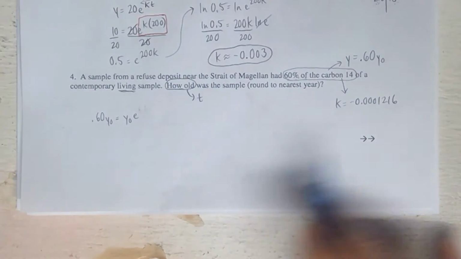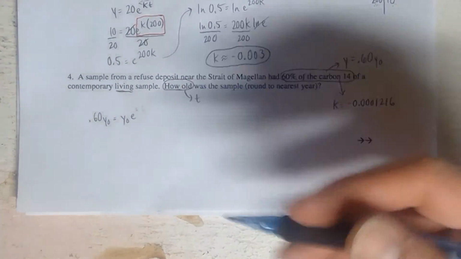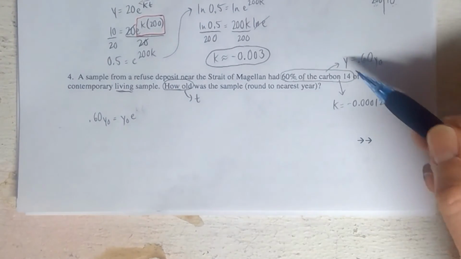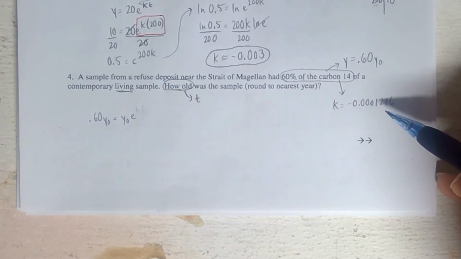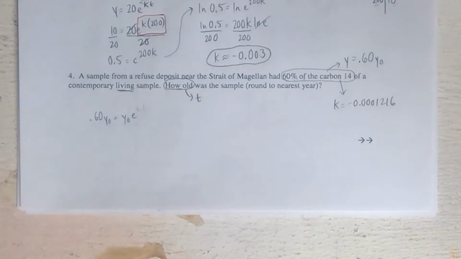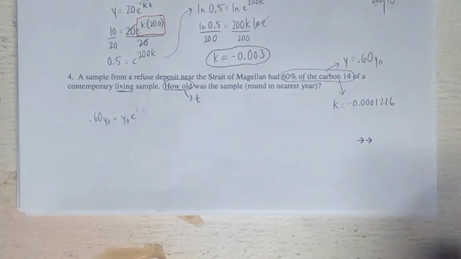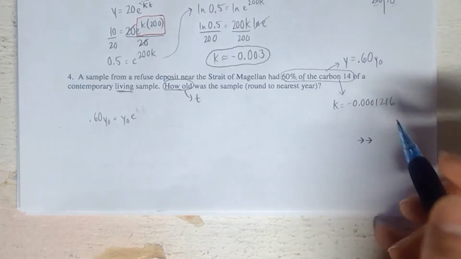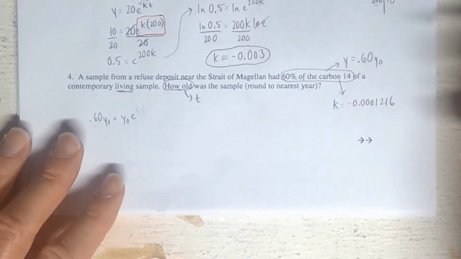Don't worry, if this was a test question, I would tell you what the K number was here, because there's no other way you would figure it out unless you knew what the K was in your own brain. I do expect you to memorize and remember things in a lot of other areas, but not with this. Knowing what this number is isn't important for mathematical purposes, so I would give you that.